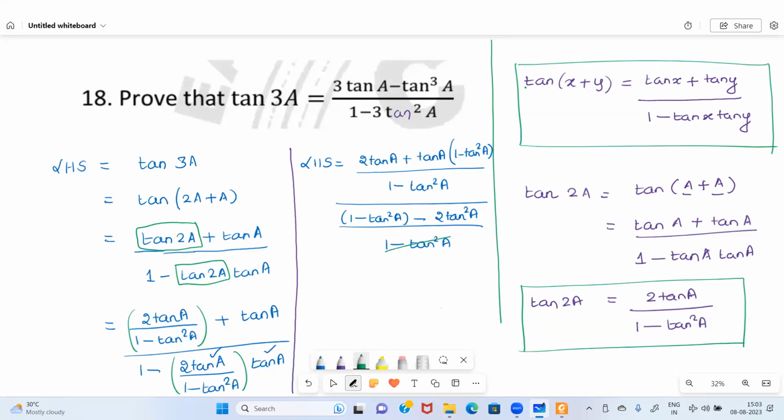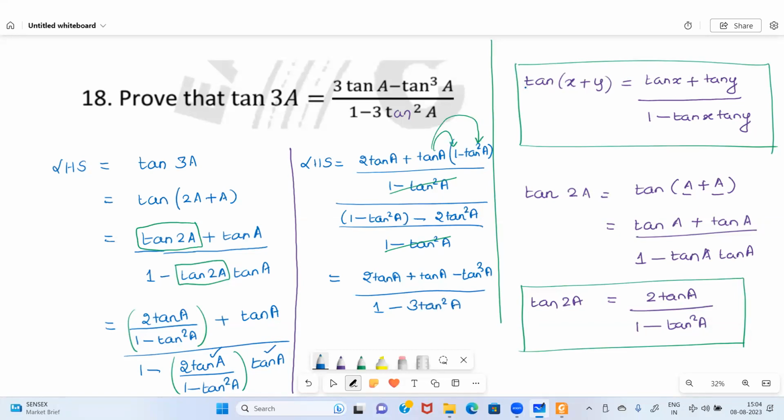So what gets cancelled, students? 1 minus tan square a gets cancelled. In the numerator, let's write all the terms. So this is tan a into 1 is tan a, minus tan a into tan square a will be tan cube a, divided by 1 minus tan square a minus 2 tan square a. That is minus 3 tan square a.